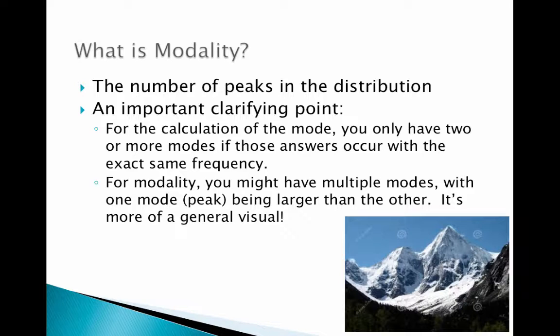Or we can have bimodal or multimodal, where multiple groups are more frequent than all the others, and those groups have the same frequency. But in the sense of modality, you want to think about multiple modes as really more peaks, not necessarily individual groups or individual scores.